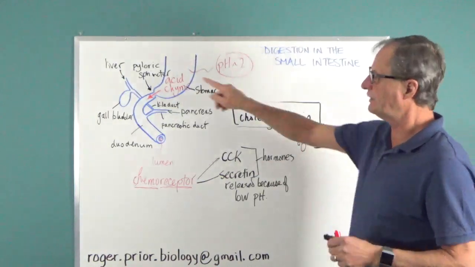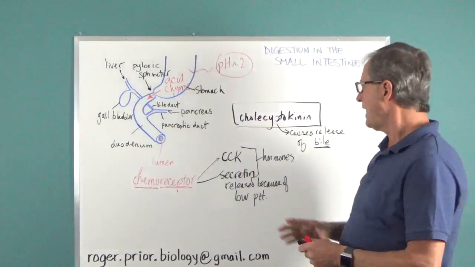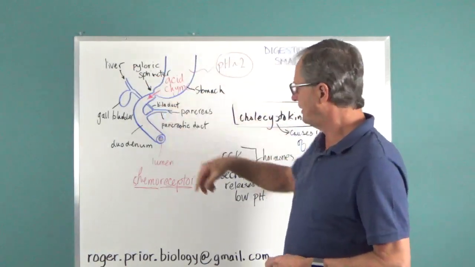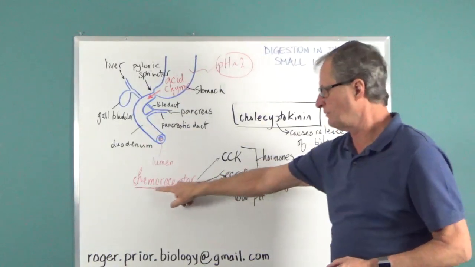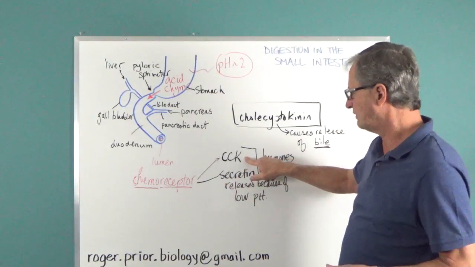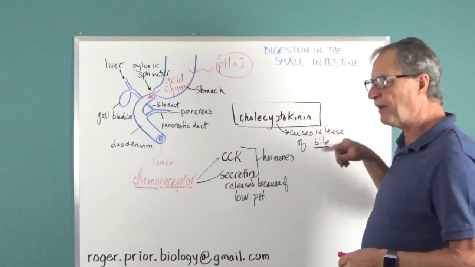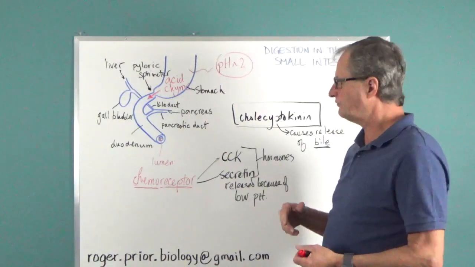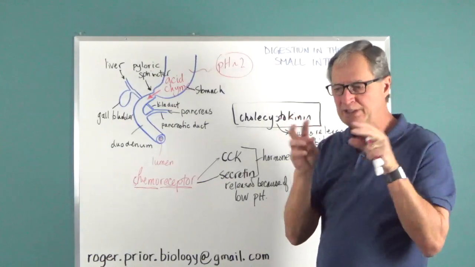Bile is produced in the liver, stored in the gallbladder, and when acid chyme gets through here, the chemical nature of the acid chyme, remember these are chemoreceptors, causes the release of this hormone, which causes the release of bile. Bile is an emulsifier. An emulsifier is something that breaks things up into smaller pieces.